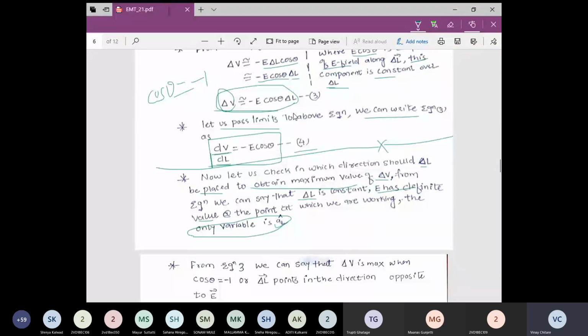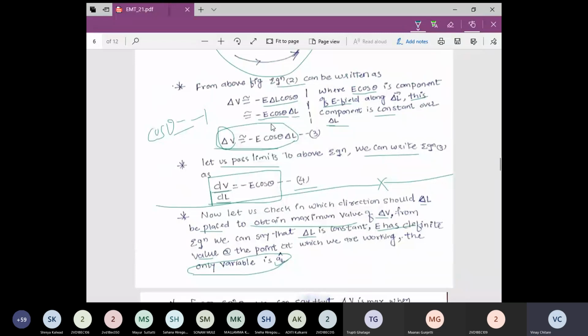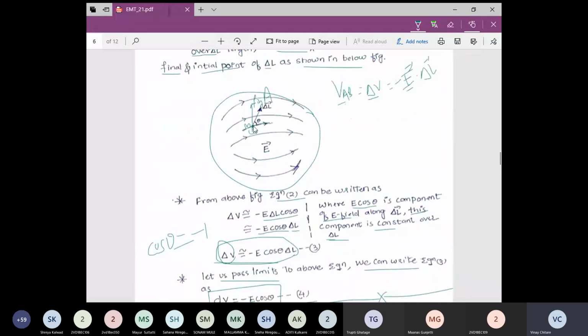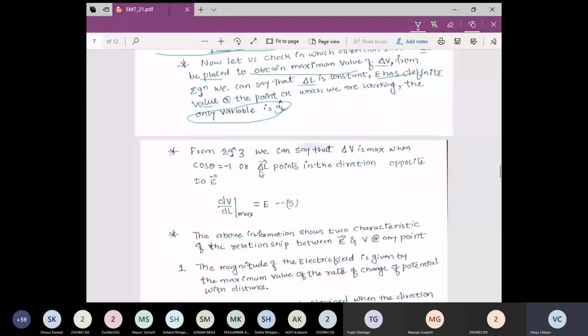If you try to see what cos theta equal to -1 really implies, it implies that the direction of delta L should be opposite to the direction of the electric field. So from equation 3, we can say that delta V is maximum when cos theta equals -1, or delta L points in the direction opposite to the electric field.